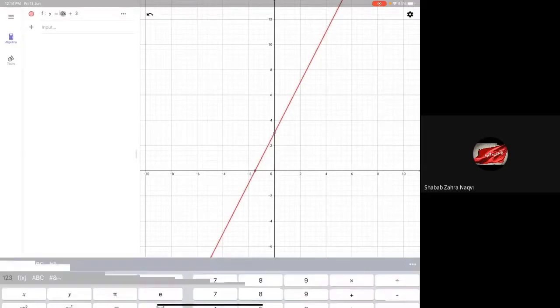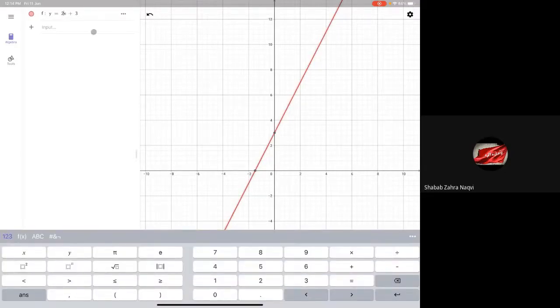Clear? Now let me change it just for a little ease. I'll write 0.5. So what do you expect this line to do if I change the slope to 0.5? What will happen to this red line? Instead of 2, I am writing 0.5.